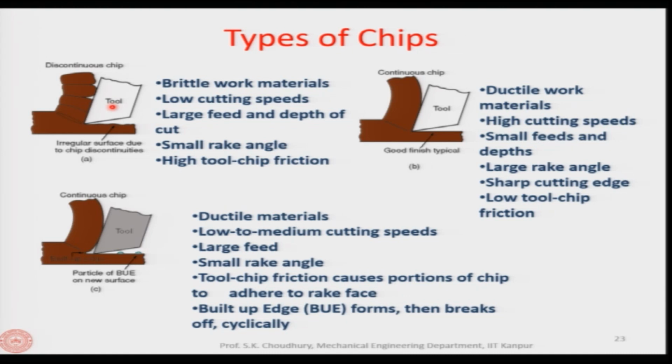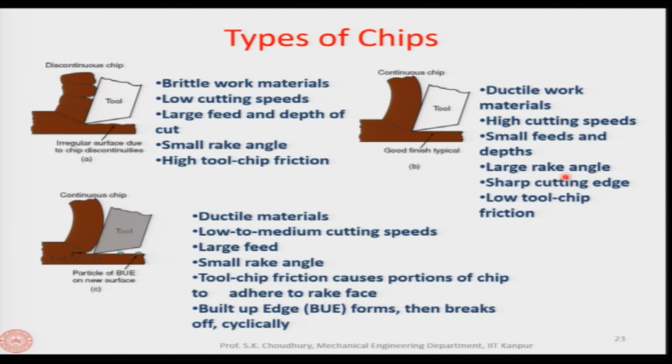The other conditions for the discontinuous chip are low cutting speed, large feed, large depth of cut, small rake angle and high tool-chip friction. As you can see, these conditions are just opposite to those for the formation of the continuous chip.